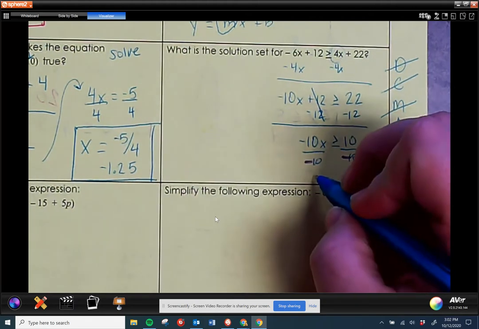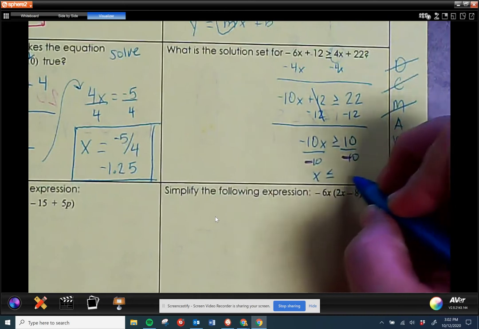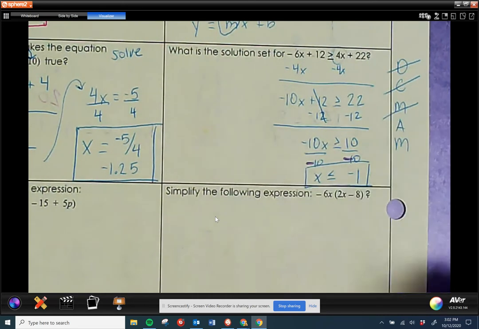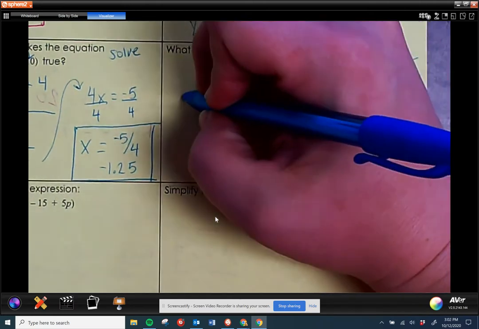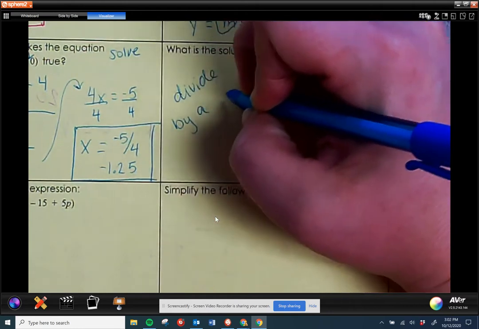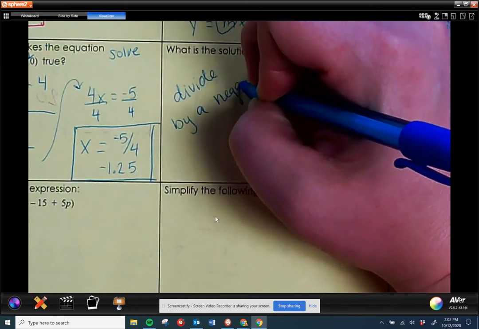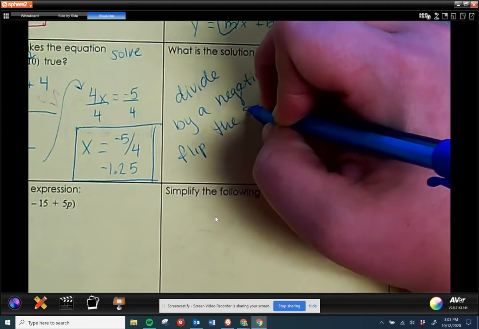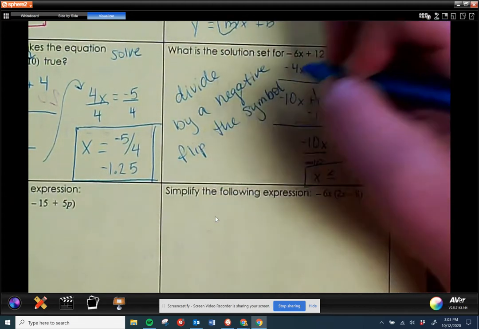X is less than or equal to negative 1. If you divide by a negative, you must flip the symbol.